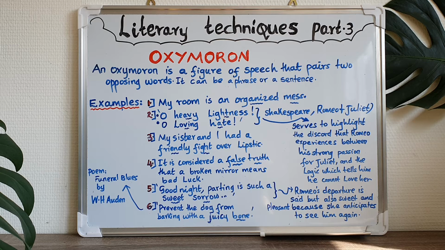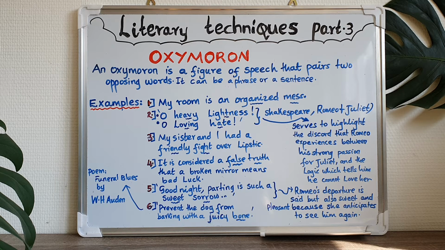Okay? Now, let us move on to the next oxymoron, example 3. My sister and I had a friendly fight over lipstick. That is just a random example. So we could actually use oxymorons for creative writing.